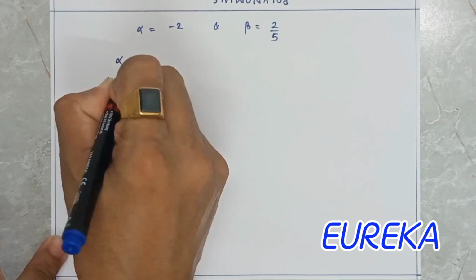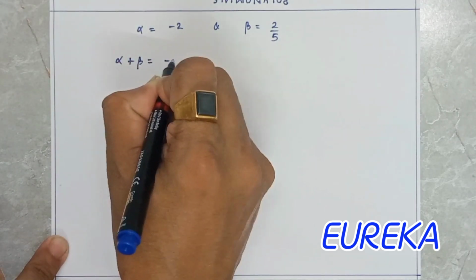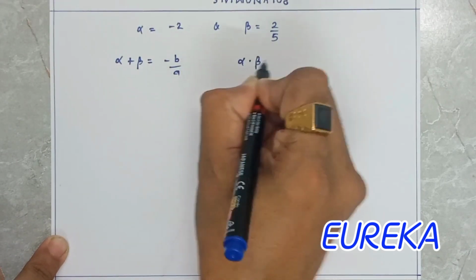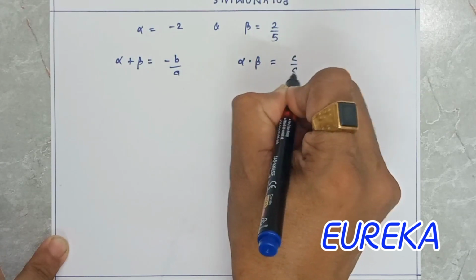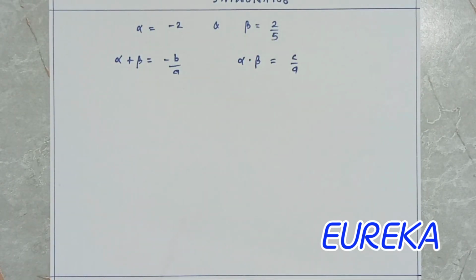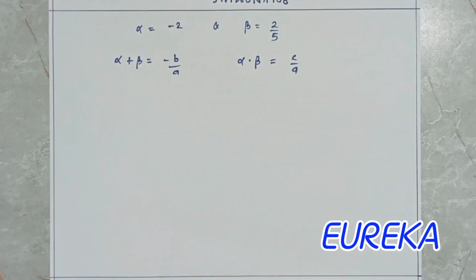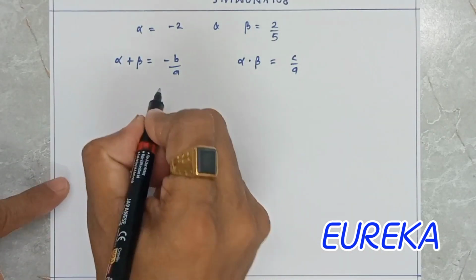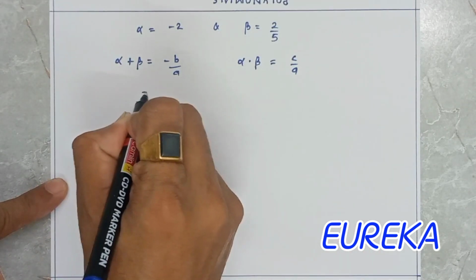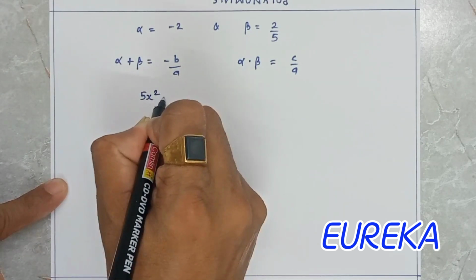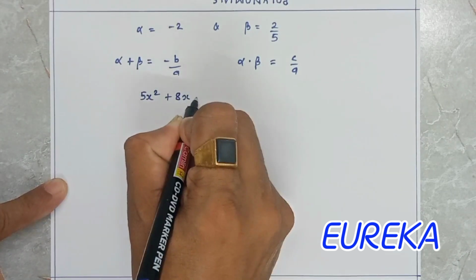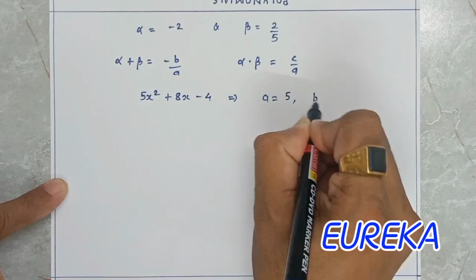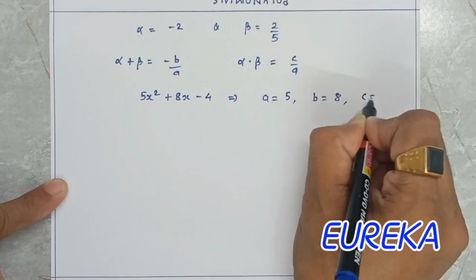We know that the sum of the zeros, alpha plus beta, should be minus b upon a, and alpha into beta should be c upon a. For that we must first know what a, b and c are. Our polynomial was 5x square plus 8x minus 4, which implies a is 5, b is 8, and c is minus 4.